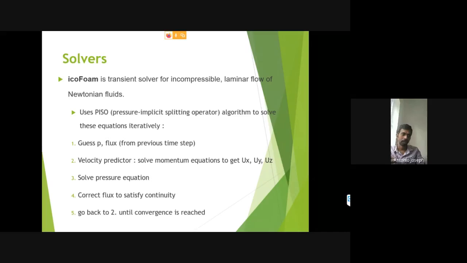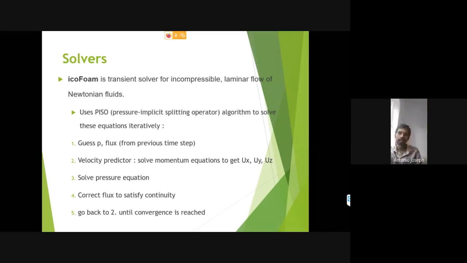All these are different types of solvers. The first one is icoFoam. It is used for unsteady incompressible laminar flows of Newtonian fluids. It uses the PISO algorithm, that is, the pressure implicit with splitting of operators algorithm.